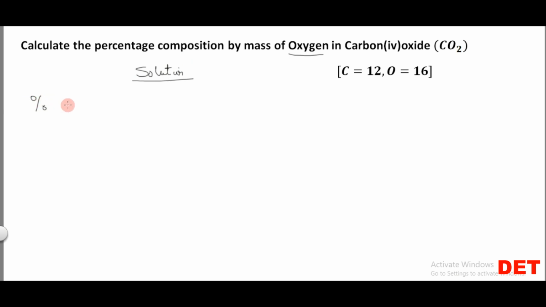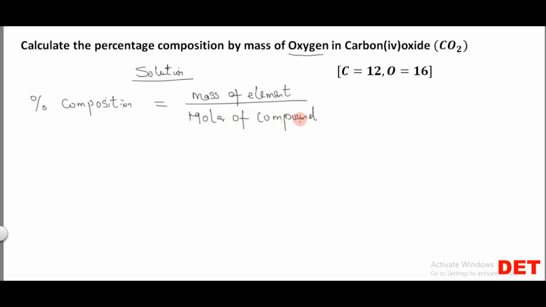Percentage composition is equal to the mass of the element over the molar mass of the compound, times 100 over 1.